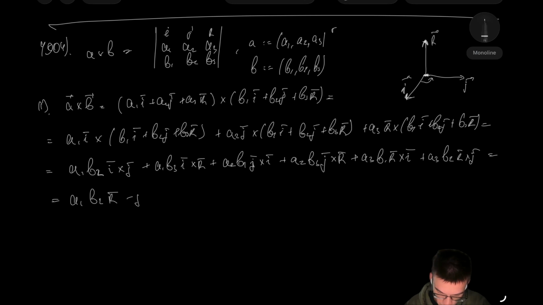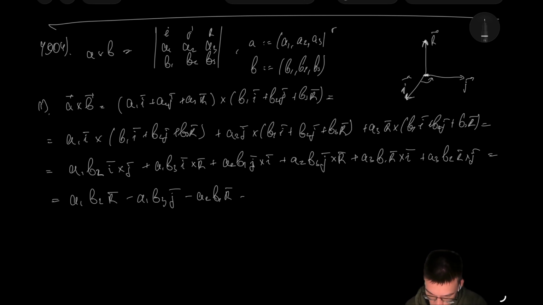That being said, we have minus j, right? a1 b3 minus j here, and then j and i, from j to i, again, this is clockwise, so we have minus r, a2 b1 r. Then j and r, from j to r, this is anti-clockwise from the end of i.